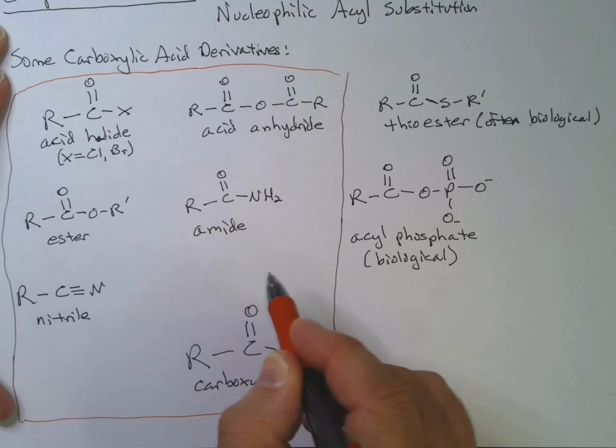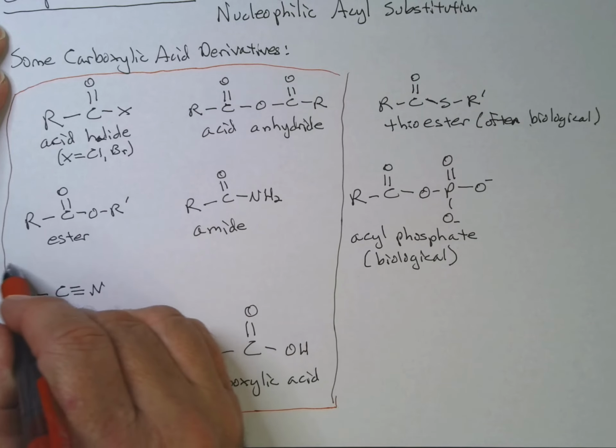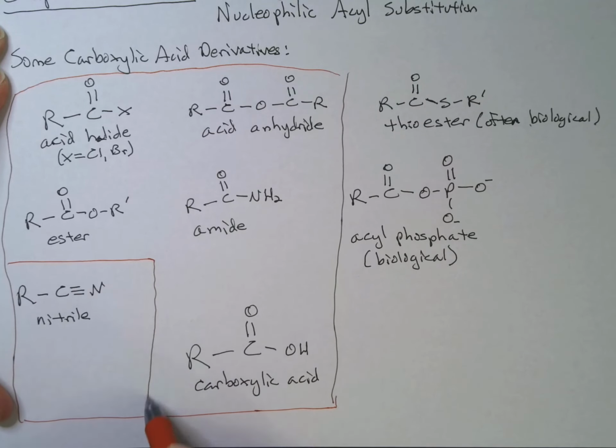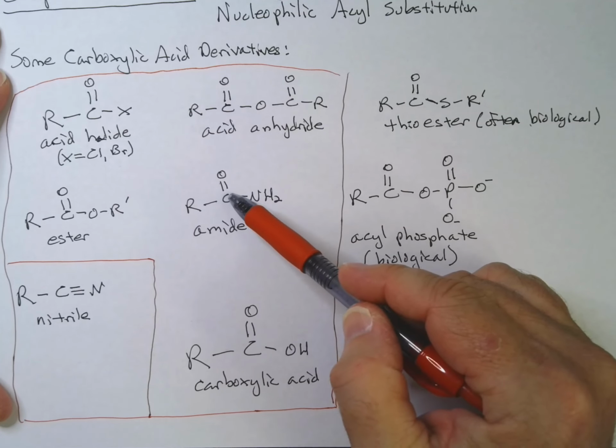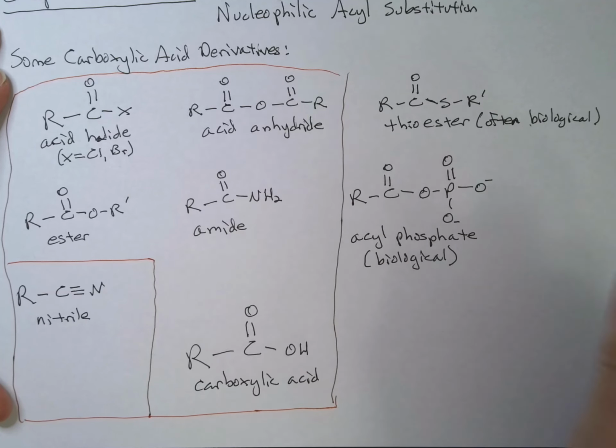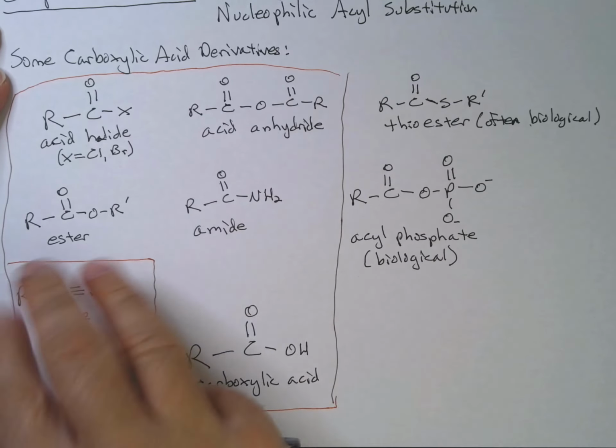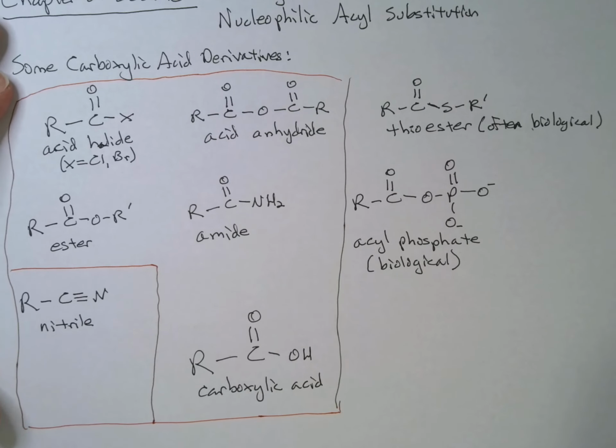In particular, I did mention nitriles, but we're going to take a look at these four carboxylic acid derivatives and their relationship to carboxylic acids as well. Nitriles are kind of their own little thing. Now, all of these carboxylic acid derivatives will undergo nucleophilic acyl substitution.